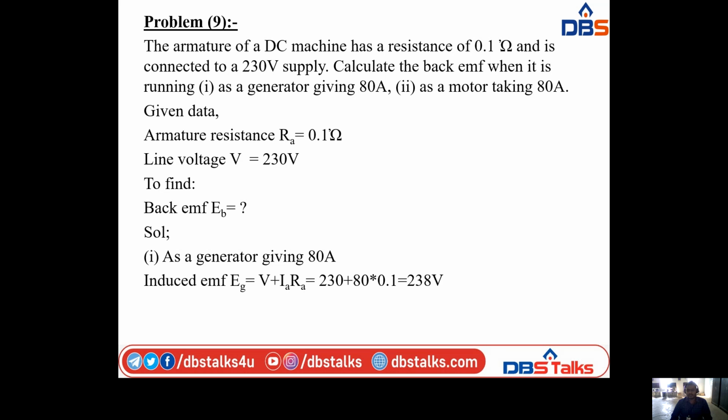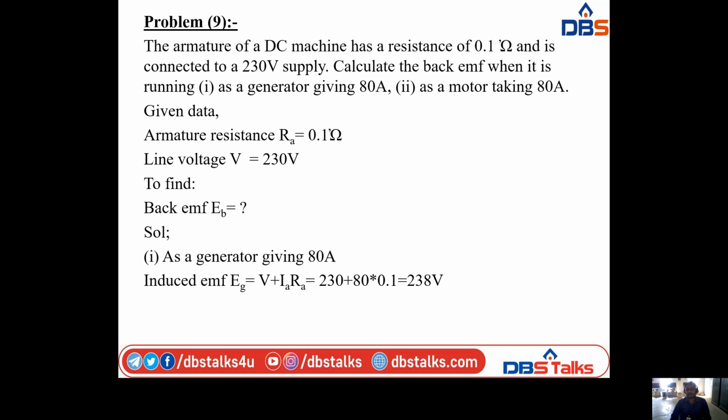Okay, so before going to calculate the back EMF, firstly we have to note down the data from the problem. The data is armature resistance 0.1 ohms, and line voltage V is equal to 230, and we have to calculate the back EMF, that is EB. Firstly we take the first case, that is as a generator, it is giving 80 amperes.